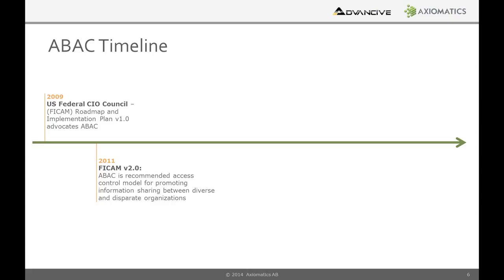This is particularly important when you're dealing with large organizations or governmental organizations that have to deal with multiple different agencies in different locations, potentially different jurisdictions across many different boundaries.